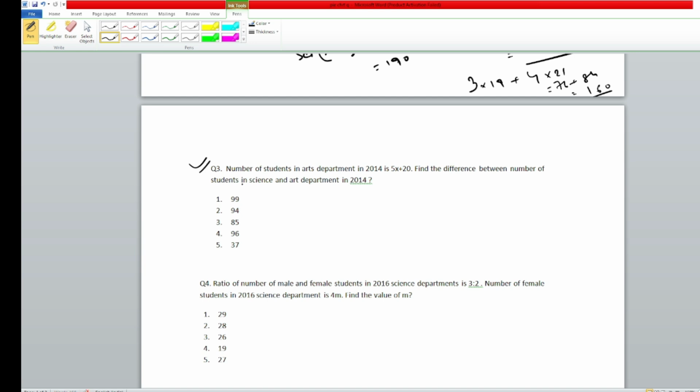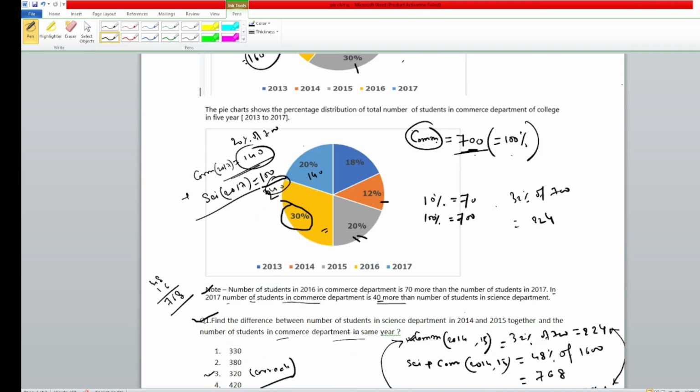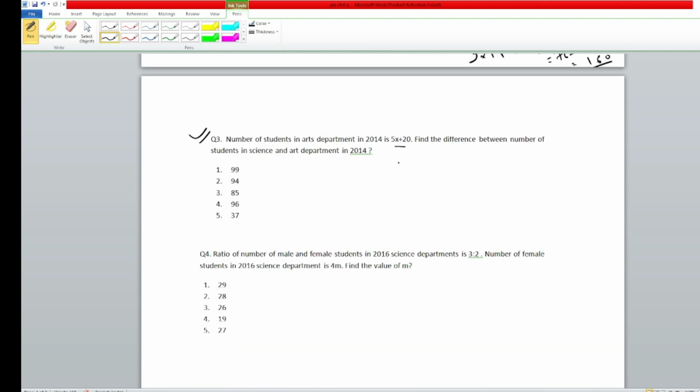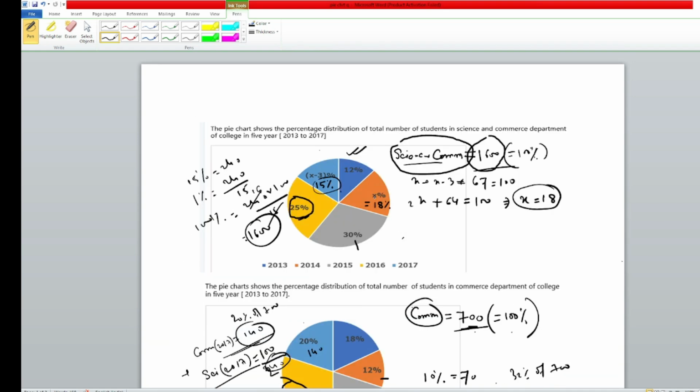Going to the next question. Number of students in the arts department in 2014 is 5x plus 20. Although no arts department is given in the pie chart, this question is introducing the arts department. We know the value of x now. The value of x is 18%.